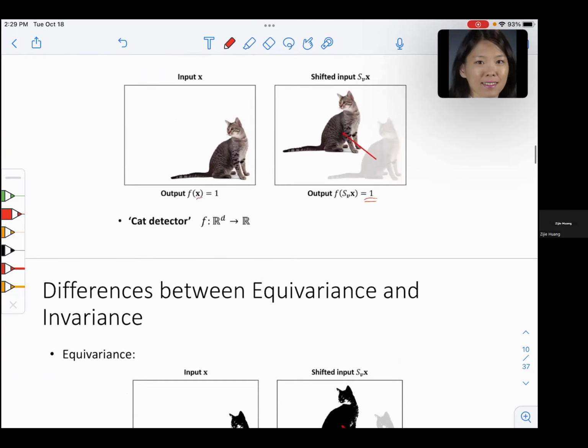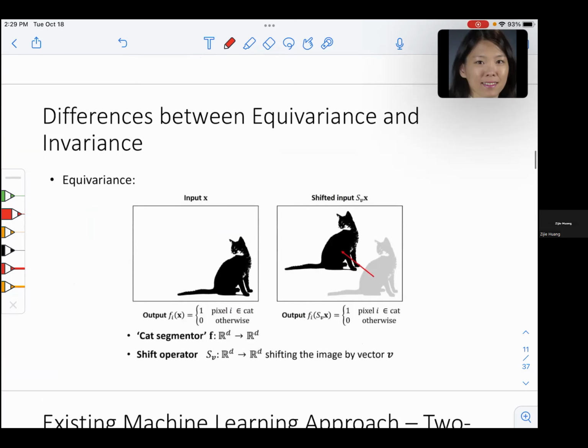For equivalence, given the same example, the task is more like segmentation, predicting whether each segment contains the object cat. When we shift the input image a little bit, the output also follows the same operation. That's basically the difference between equivalence and invariance, which we will look into when we talk about the models.